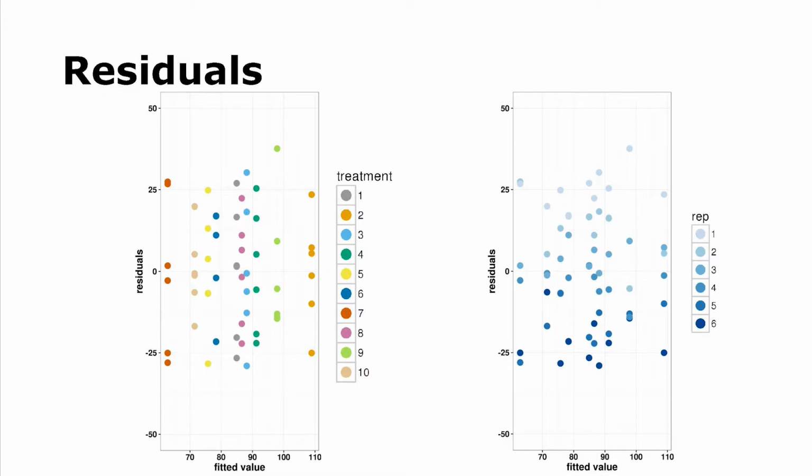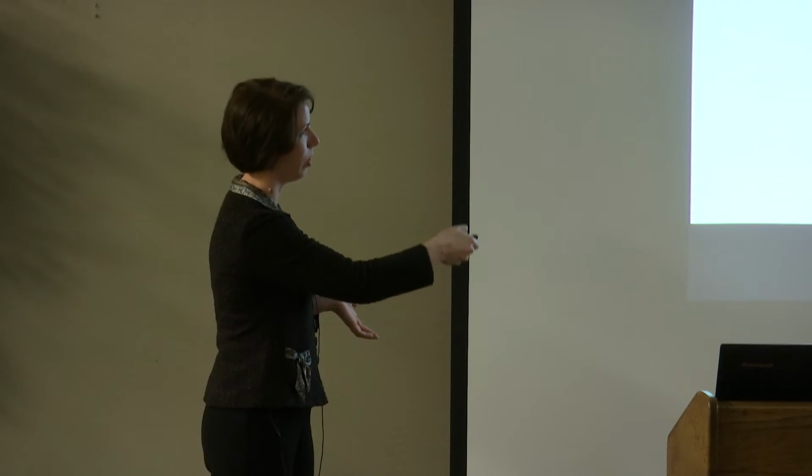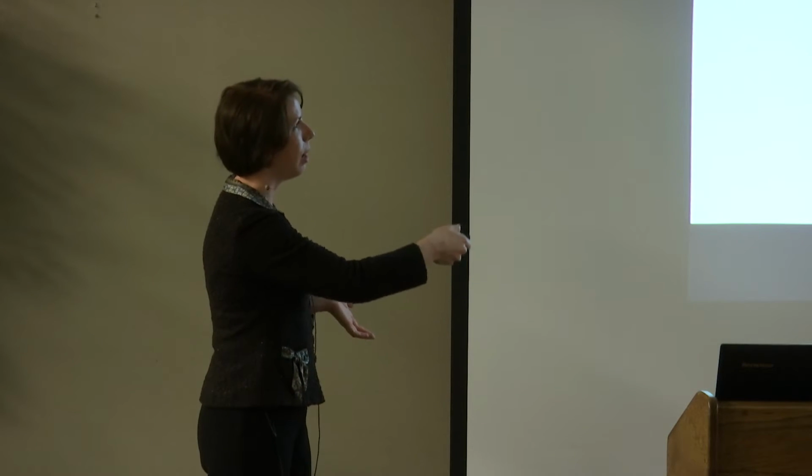And if I did that, the residuals would look like this. So as you can see, I fit a different mean to each treatment. So that's why the dots stack up vertically on top of each other, because I fit a single value. And then the leftover variation in each one, that lets you know how much variation you have left after you estimated the effect that you care about.